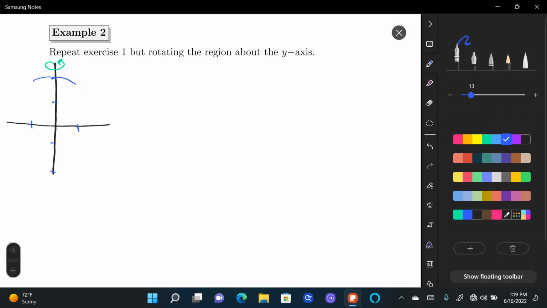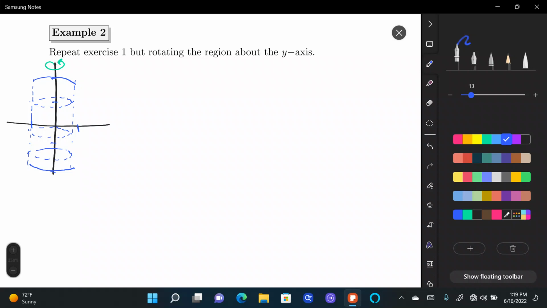Let me draw this counterpart. Of course, the solid generated is going to look like this. It's going to look like a cylinder in this case with curvy top and bottom.